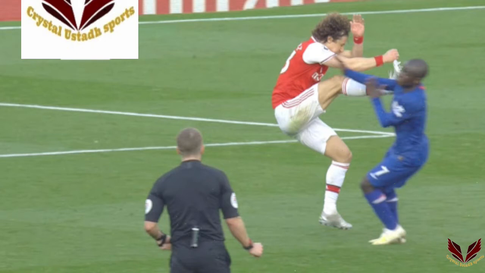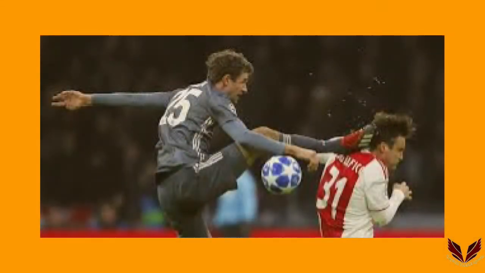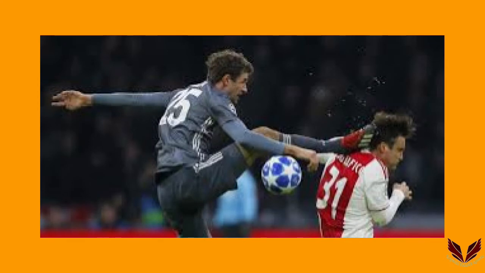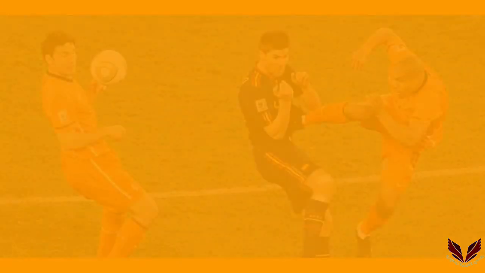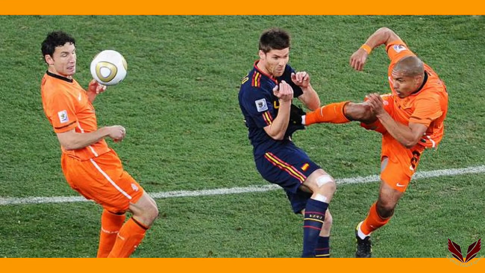A player may use the leg or the elbow to act aggressively toward another opponent. This kind of foul is considered very dangerous, and usually it is punished with an expulsion or a red card.